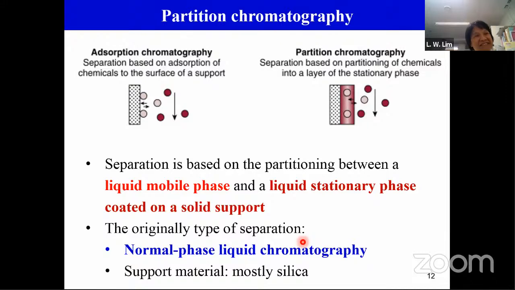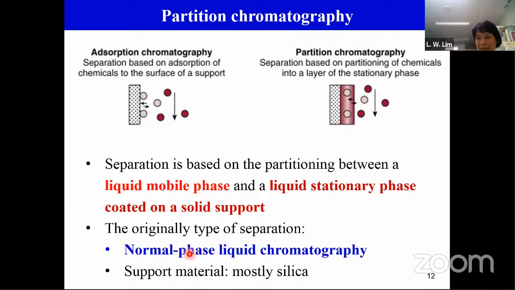The original, the first type of separation was actually normal phase, like I talked about when I talked about the history of chromatography. Tswett used silica and he separated plant pigments like chlorophyll, xanthophyll, and chlorophyll A. So he separated these four using normal phase liquid chromatography.